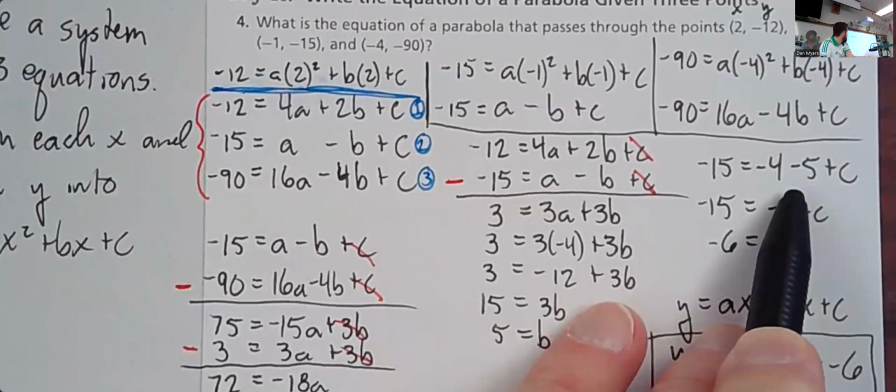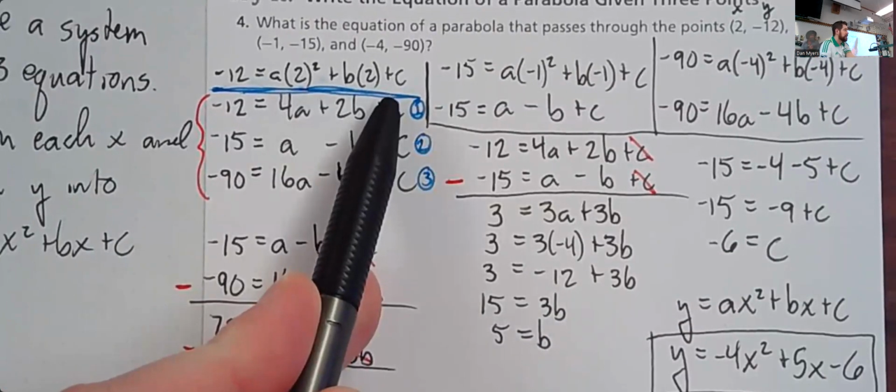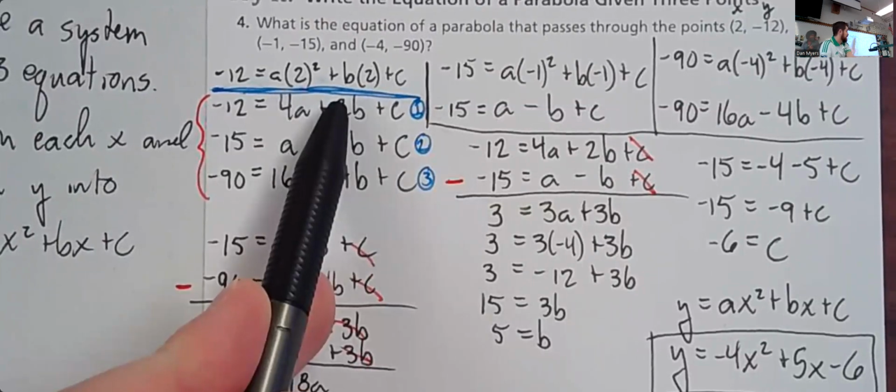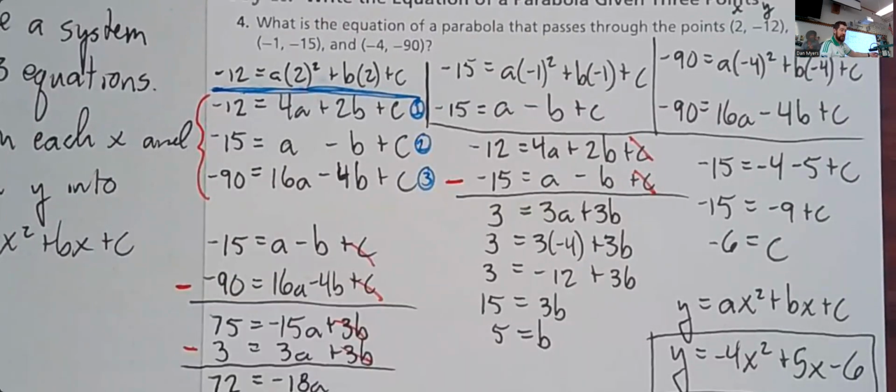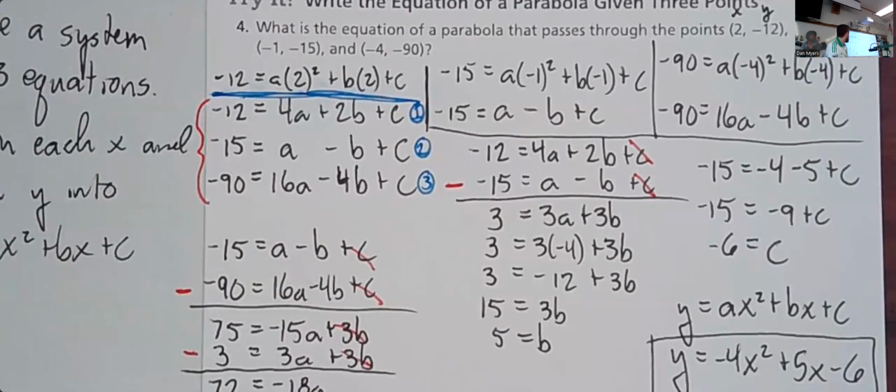We needed 3 equations because how many variables are here when you plug in for x and y? 3. If there's 3 variables, that means we need to figure out the value of each variable, which means we need to write a system of 3 equations to figure out what each variable represents. So however many variables are in an equation is how many equations you need in order to solve. So that's why for that.